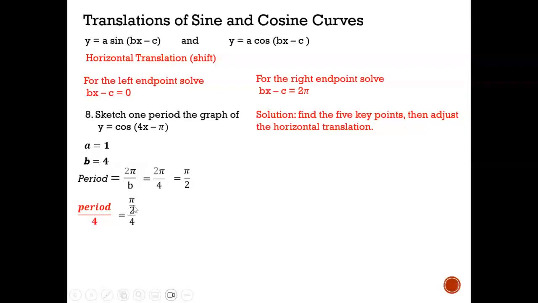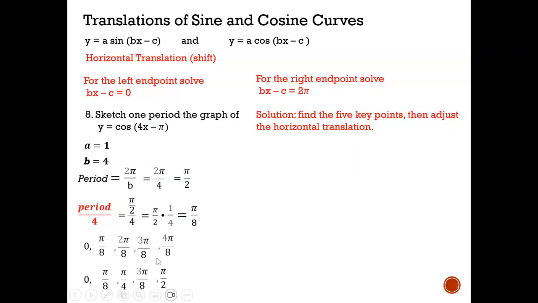First of all, to get the 5 points, it's going to be the period over 4, which will be pi over 2 over 4, which will give us pi over 8. So I'm going to count by pi over 8. So we start with 0, pi over 8, 2 pi over 8, 3 pi over 8, 4 pi over 8. Those are my points right there. Now let's simplify. It'll be 0, pi over 8, pi over 4, 3 pi over 8, and pi over 2.